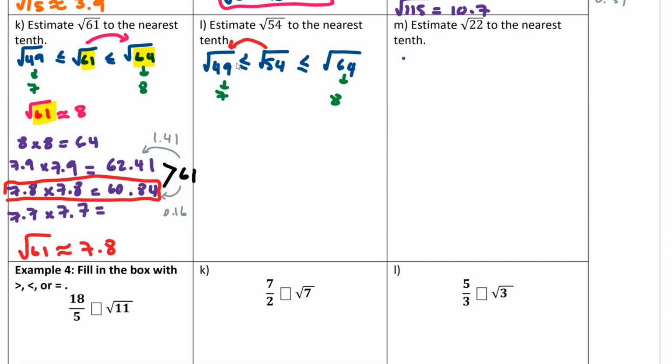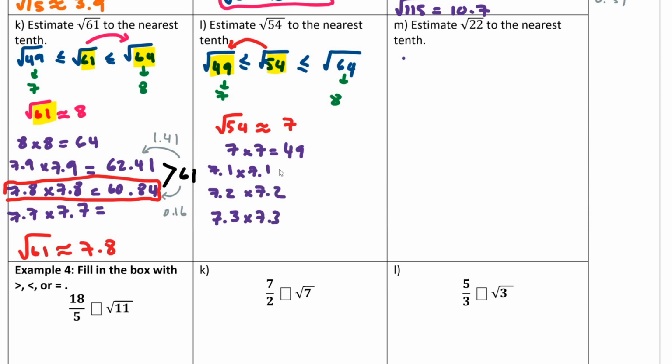Because 49, 50, 51, 52, 53, 54, there are 5 numbers away, but 54 to 64 is 10. So the square root of 54 is approximately 7. Now 54, you round down, so the value is actually bigger than 7. You have 7 times 7 is 49. Bigger than 7 is 7.1, 7.2, 7.3. So multiply each by itself.